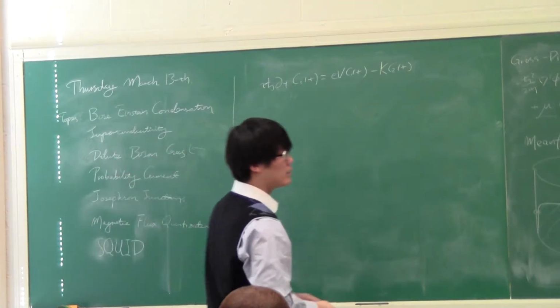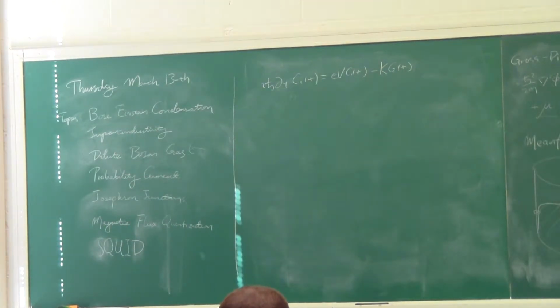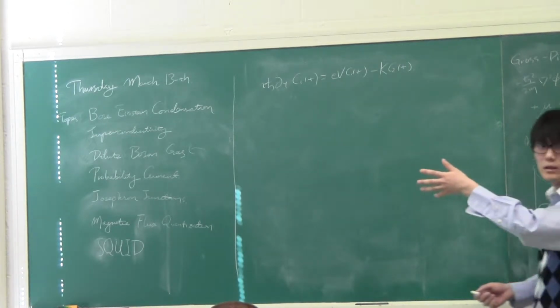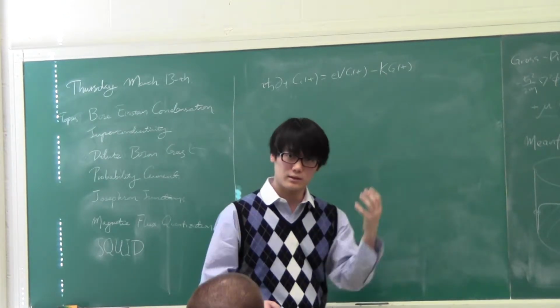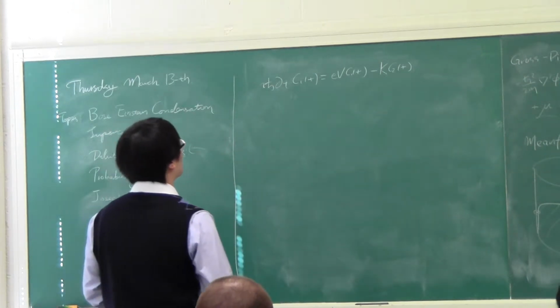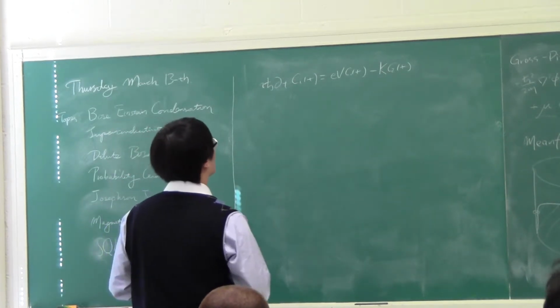So now I plug in this definition here of the number of particles, the particle density, and the phase. Okay, now maybe I should use a big N here, because we're not really considering the spatial distribution. We're just considering the number of particles as a function of time. So this is the total number of Cooper pairs on this side, and the total number of Cooper pairs on that side. So now let's write that out.